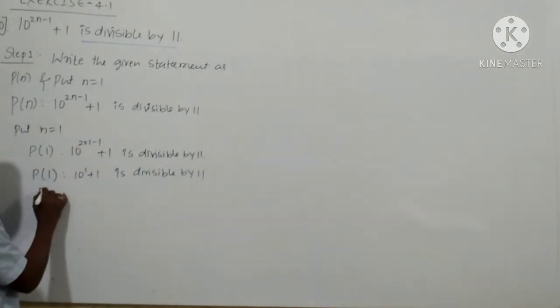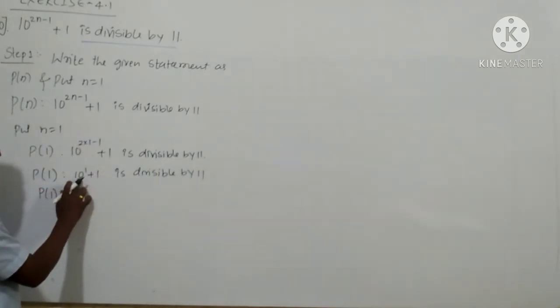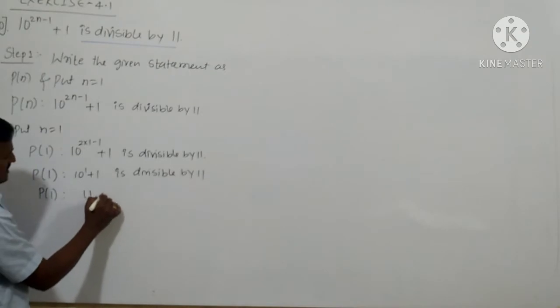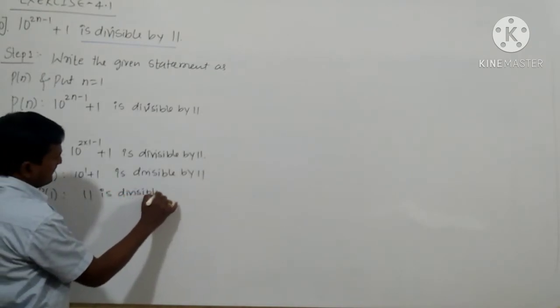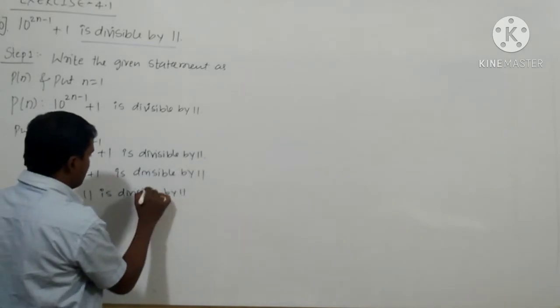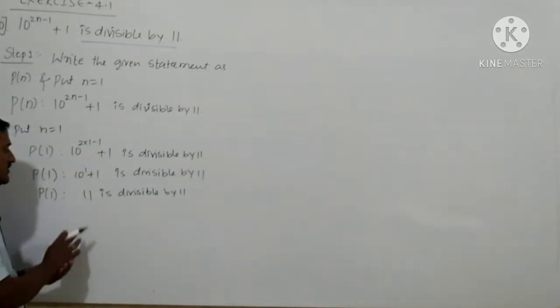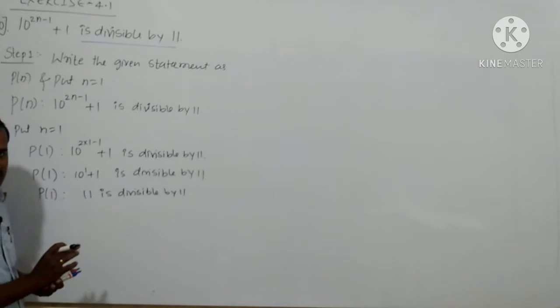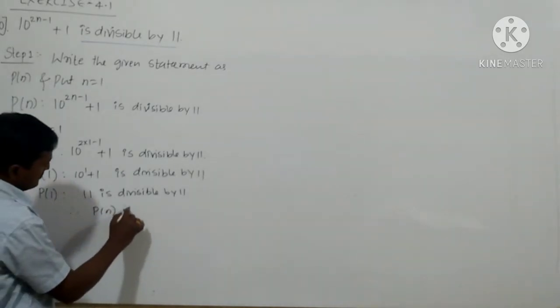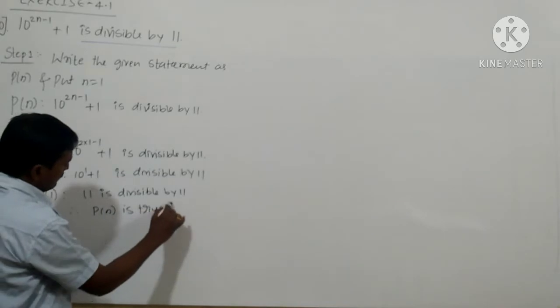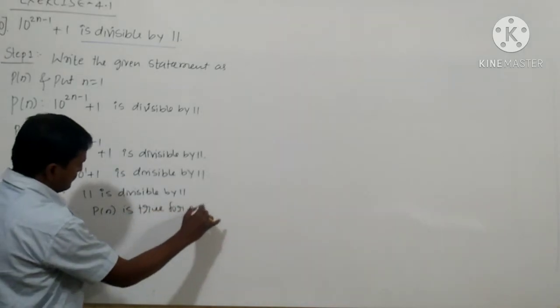So 10 plus 1 means 11 is divisible by 11. We know that 11 is exactly divisible by 11. Therefore p of n is true for n is equal to 1.